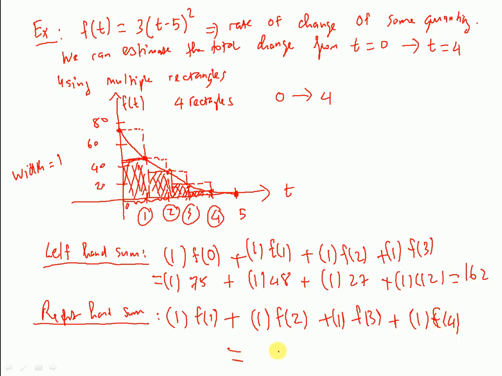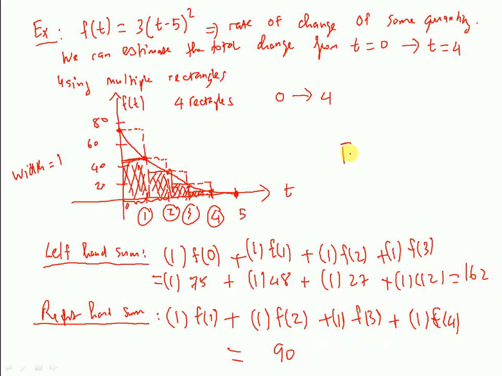And if you do all the summing, you should get 90. Now, with the right hand sum and the left hand sum, your true value should lie somewhere between 90 and 162.